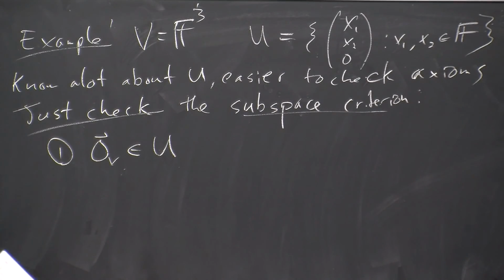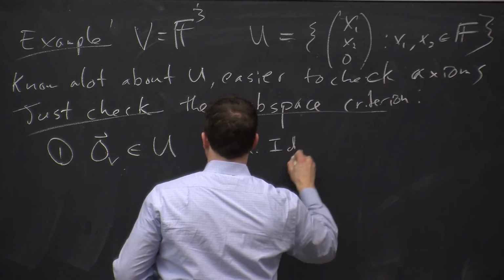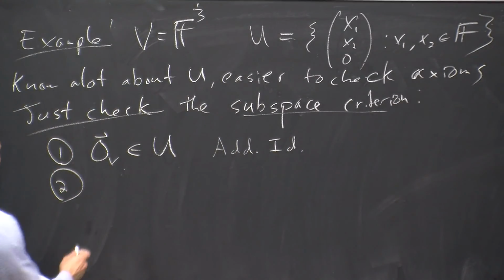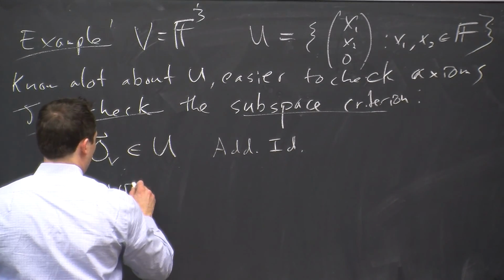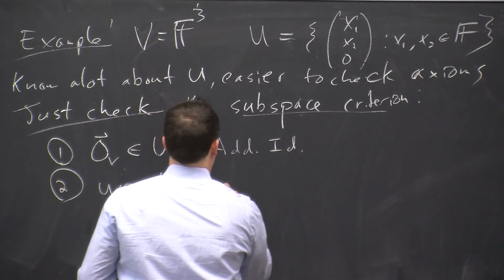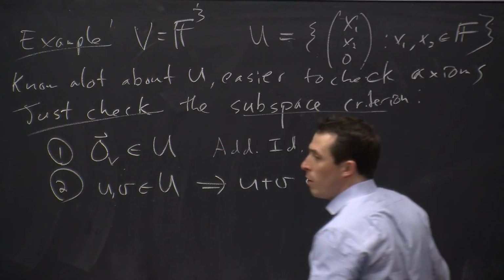And that's sort of an additive identity property. Secondly, we need to check that if u and v lie in U, then u plus v also lies in U.